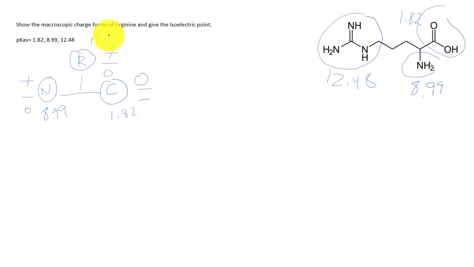And this is a pKa of 12.48. So our charge forms are going to go plus 2, plus 1, 0, and negative 1. The top charge form is plus 2 and the lower charge form is negative 1. And remember, they have to connect through 0, so to get from plus 2 to negative 1, I have to subtract 1 each time. I'm going to put my pKa's down.